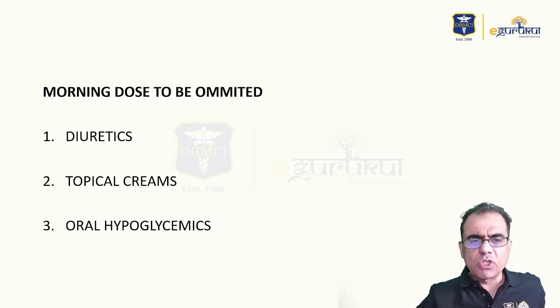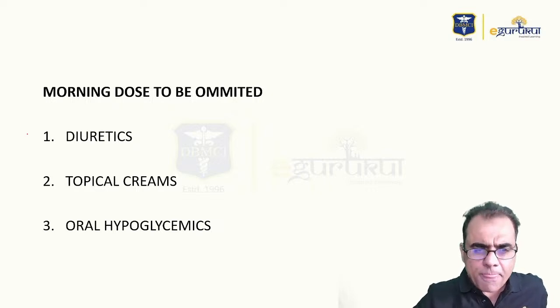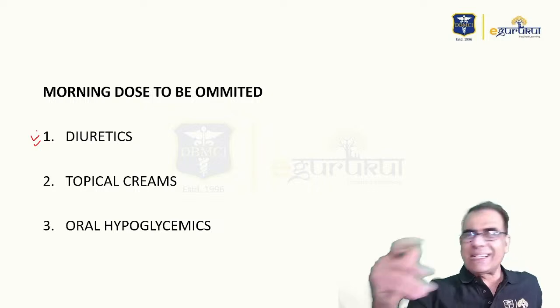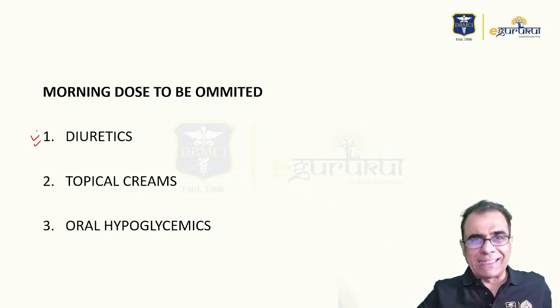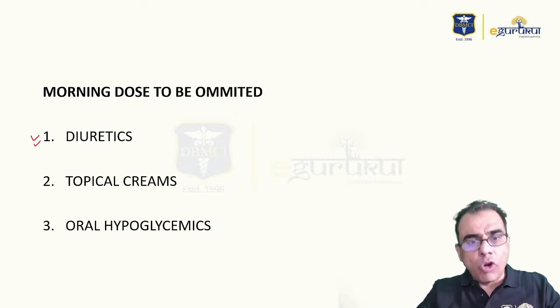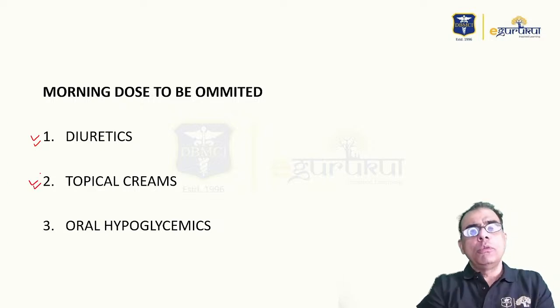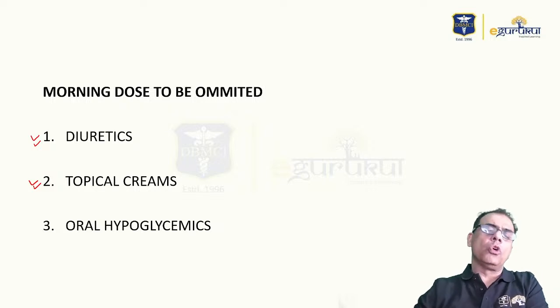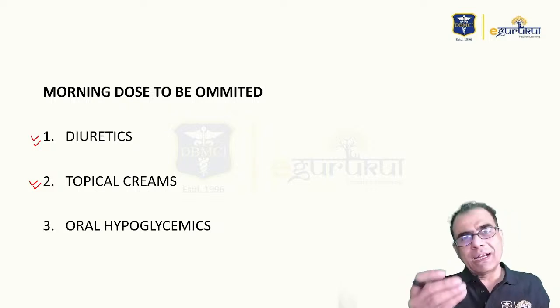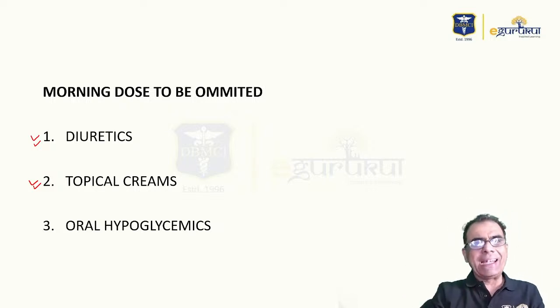Now, morning doses of which drugs should be omitted? Diuretics. If the patient is taking a diuretic for any reason other than hypertension, we have to omit the morning dose. Topical creams. Why do we omit the morning dose? Because these topical creams have chemicals, and surgeons use many antiseptic solutions.